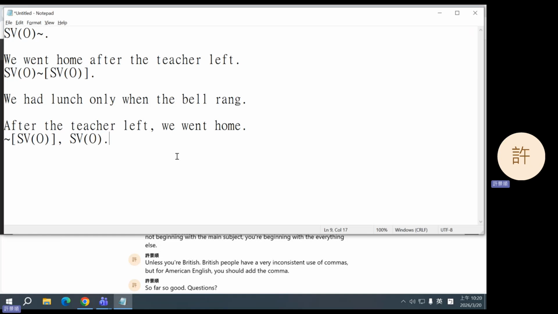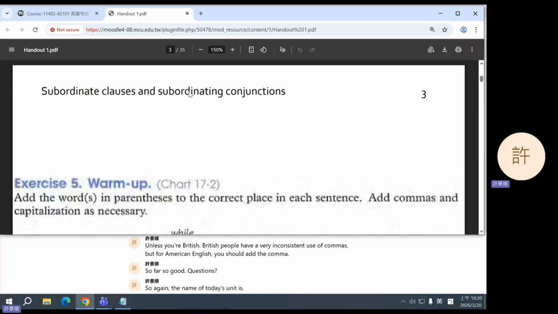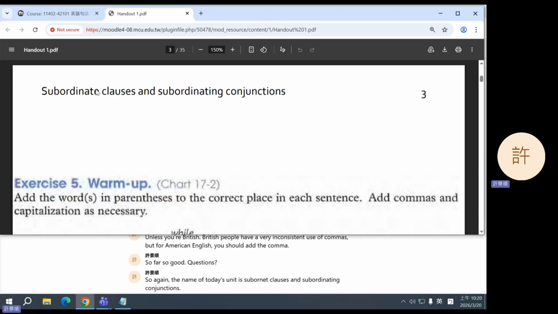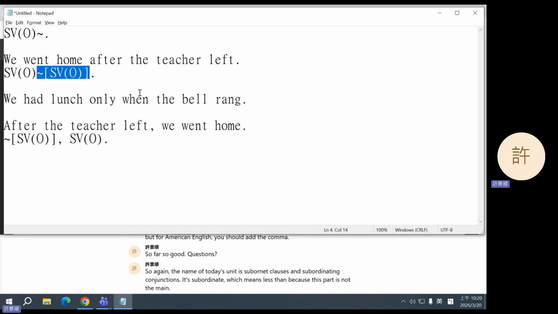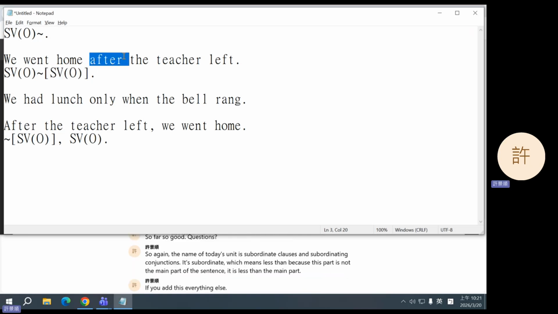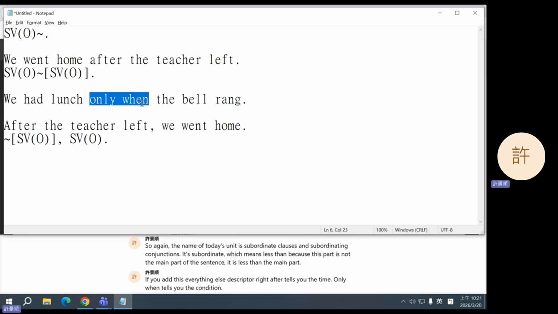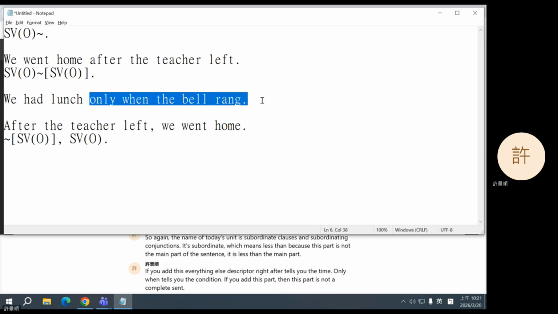So again, the name of today's unit is Subordinate Clauses and Subordinating Conjunctions. It's subordinate, which means less than, because this part is not the main part of the sentence. It is less than the main part. If you add this everything else descriptor, like after, which tells you the time, or only when, which tells you the condition, or if, then this part is not a complete sentence.